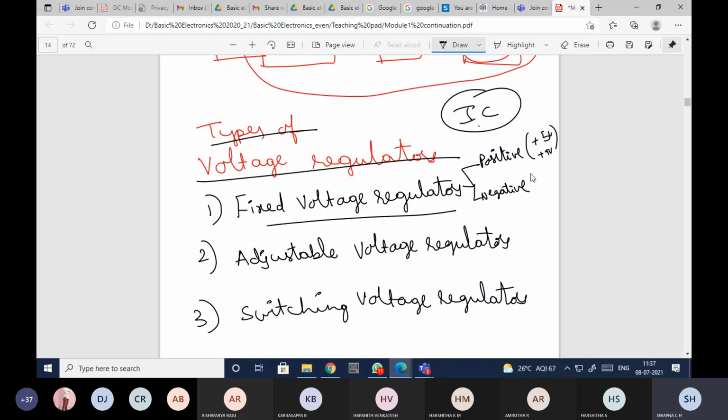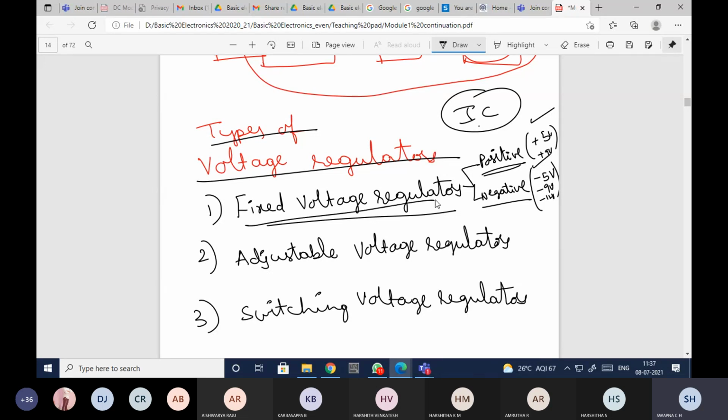Negative voltage regulators will give minus 5 volts, minus 9 volts, minus 12 volts. So in fixed voltage regulators you have two types: positive fixed voltage regulators, which provide a constant positive voltage, and negative fixed voltage regulators, which provide constant negative voltages.